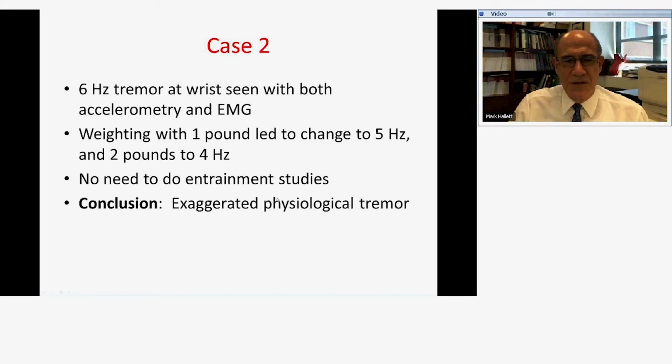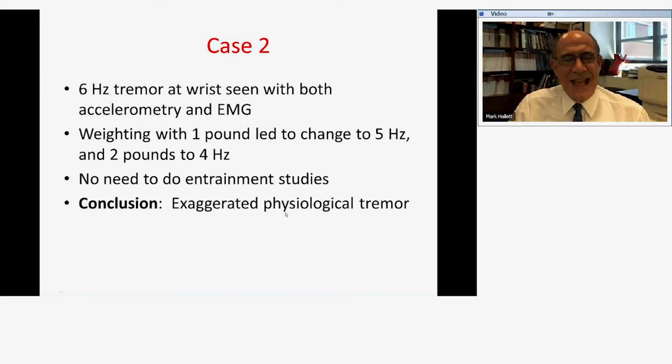Now, of course, once one makes that diagnosis, one would want to go a bit further. Why is it exaggerated in this particular individual? Now, I must say that some of the people that we've seen in this circumstance are very heavy coffee drinkers. I'm surprised how much coffee some people can drink, and this can be a reason.